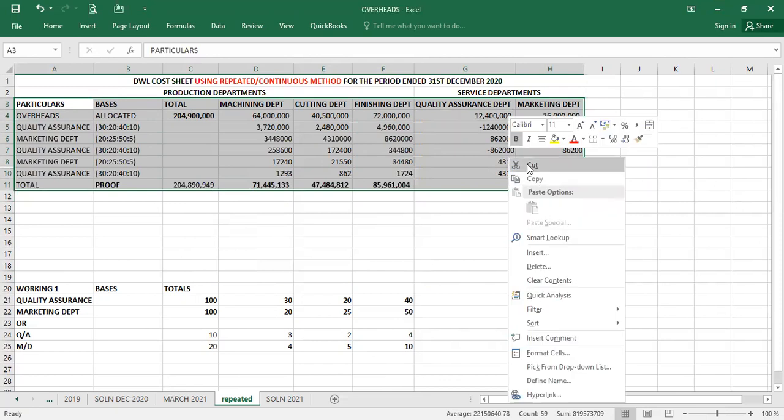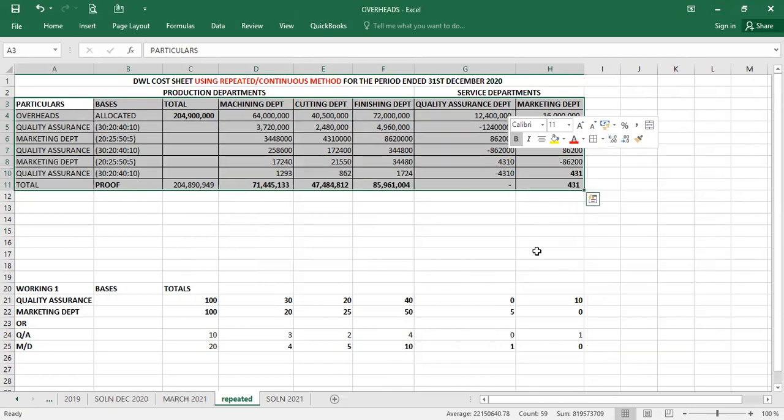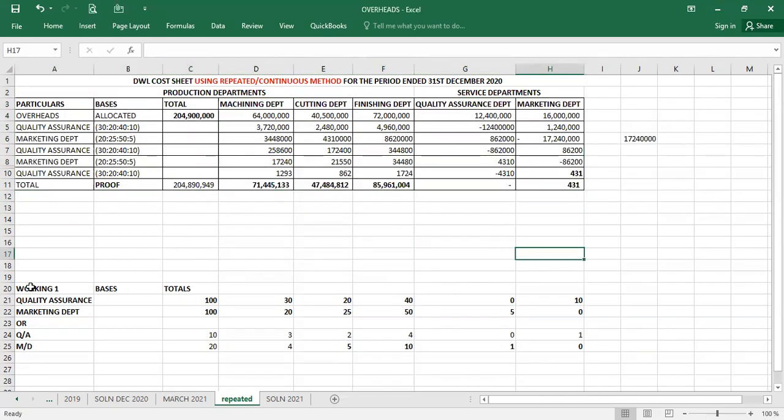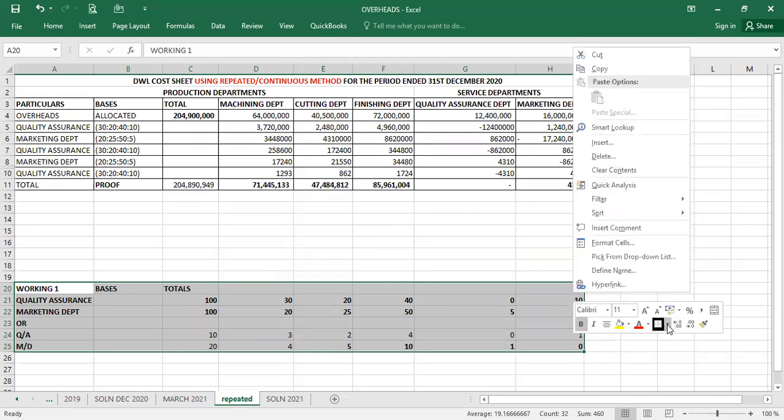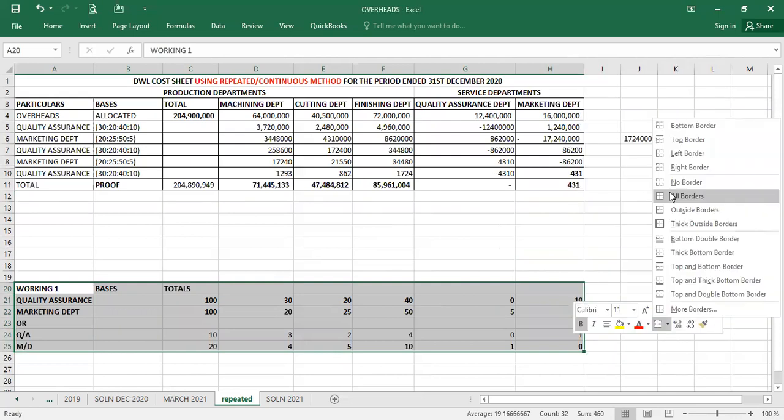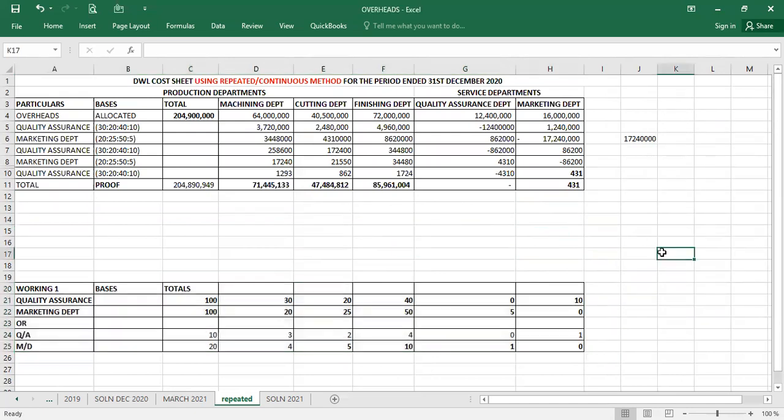You can try to put these borders, even this one. That's how we do that. Hope you can be able to understand.